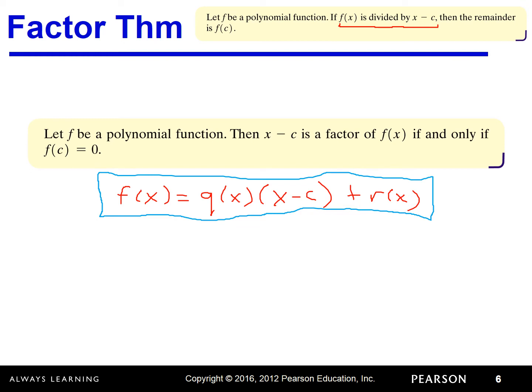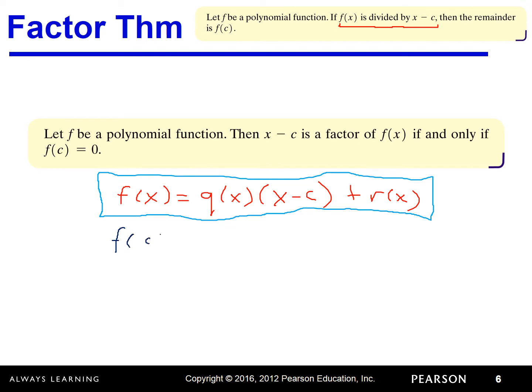And so now let's think about this equation in connection with this factor theorem that we're trying to establish. X minus c is a factor of f of x if and only if f of c equals 0. Well, what is f of c?